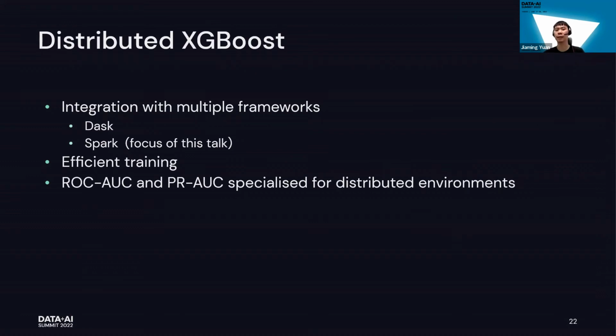To give you an example, during evaluation, the computation of AUC is quite difficult because we have a sorting operation inside the AUC, and we make approximations for distributed environments for both ROC and PR. That's just an example. We'll talk more about specializations later.